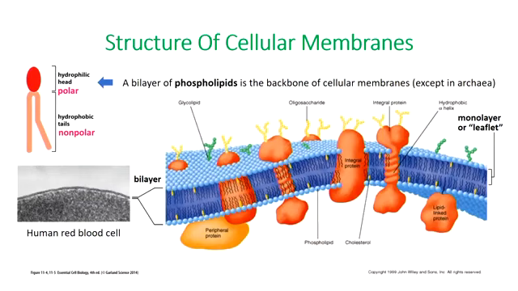And facing those water-based environments, we have polar head groups of lipids here. All of the lipids that make up membranes are amphipathic, meaning that they have both polar and nonpolar parts to them. And so you might typically diagram it in this way here.